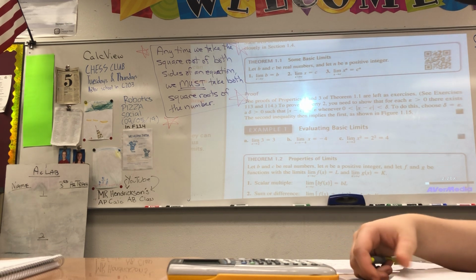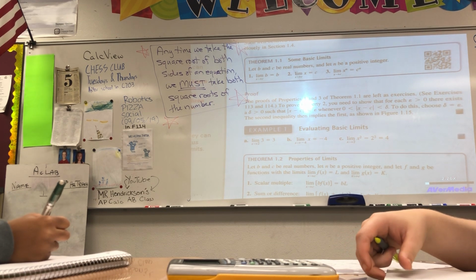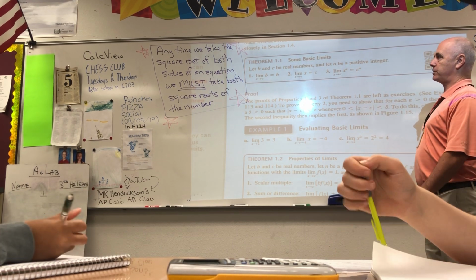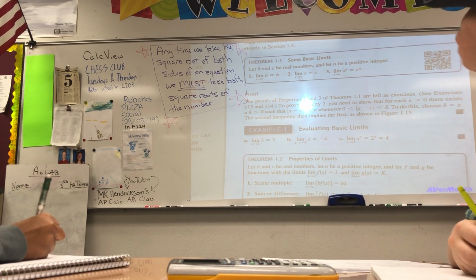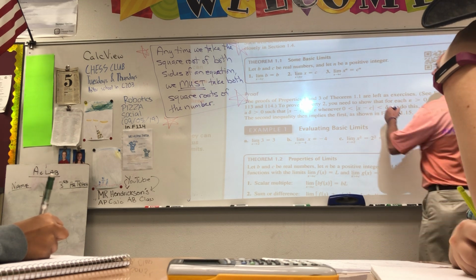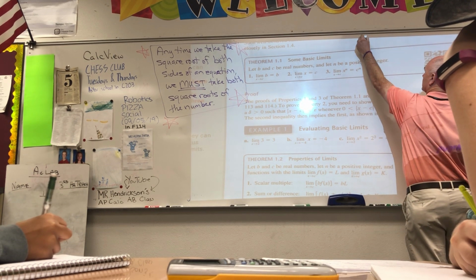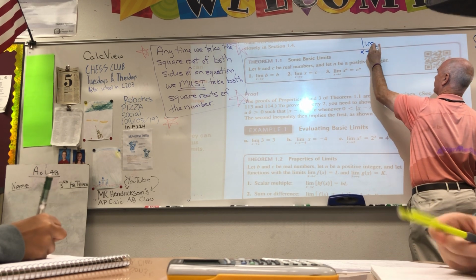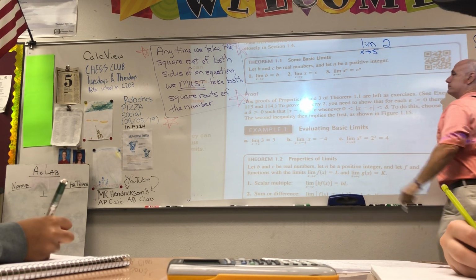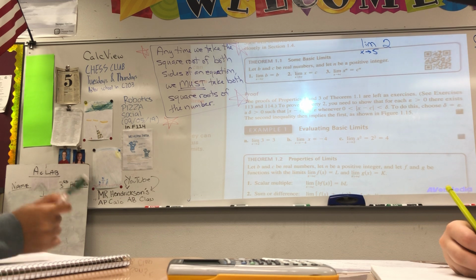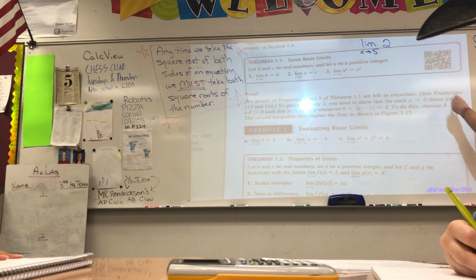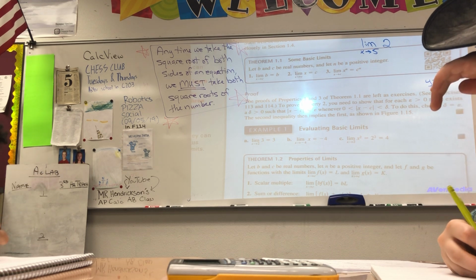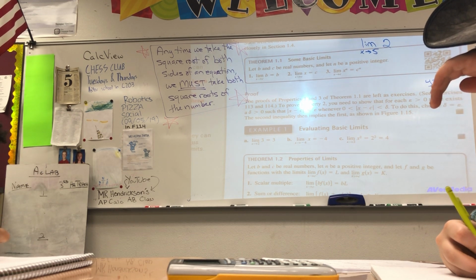Let b and c be real numbers and let n be a positive integer. So the first one, the limit as x approaches c of b equals b. In other words, the limit as x approaches 5 of 2. Well, in a way, that's basically saying y equals 2, right?